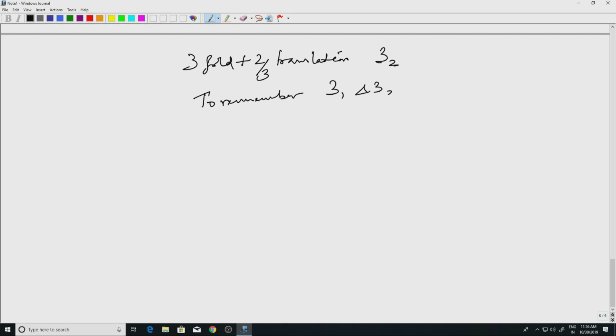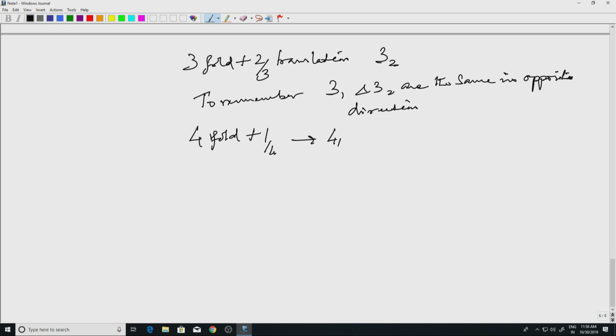Then you get fourfold plus 1/4 gives 4/1. 2/4 gives 4/2. 3/4 gives 4/3.